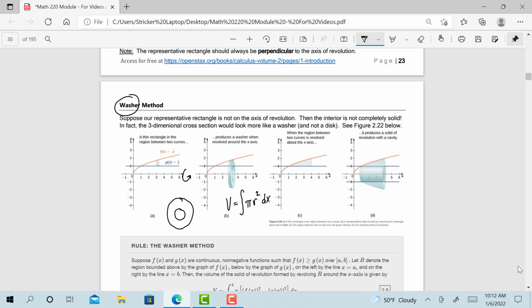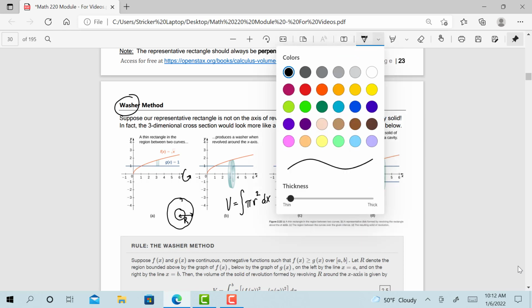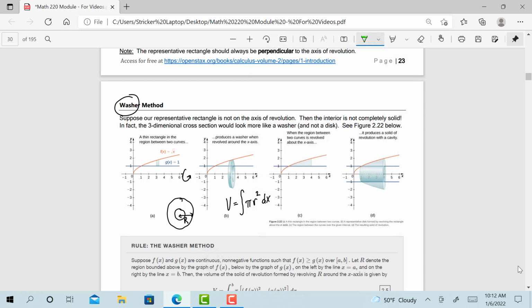And so if you thought about it as two disks, a disk with a big radius, say R, and then let me change colors here, and then we have a little radius in green here. Let's call that little r. Then our volume could be thought of as subtracting the volume of that small disk away from the volume of the big disk with radius R.